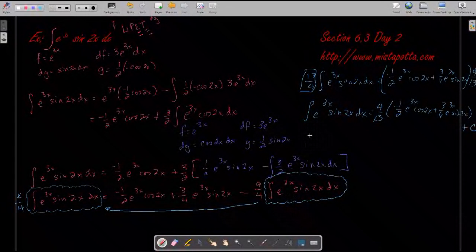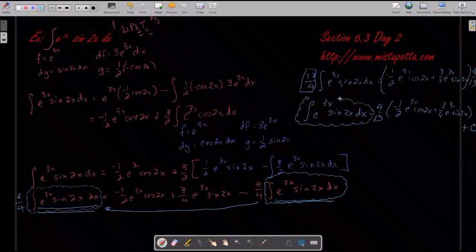So whenever I have these trigonometric and exponential functions together inside of an integral, I'm going to have to do this cycle until I notice that I've got a repeat. And once I've got a repeat, I actually want to solve for this integral, because the ultimate question is, what is this integral equal to?